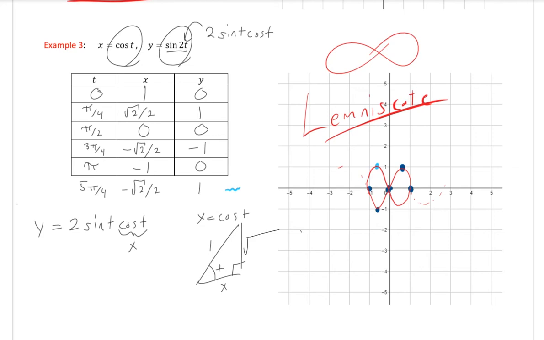The opposite would be the square root of 1 minus x squared. And so we get that sine of t, opposite over hypotenuse, is the square root of 1 minus x squared. So then we can say y equals 2, I'll put the x first, and then the square root of 1 minus x squared.